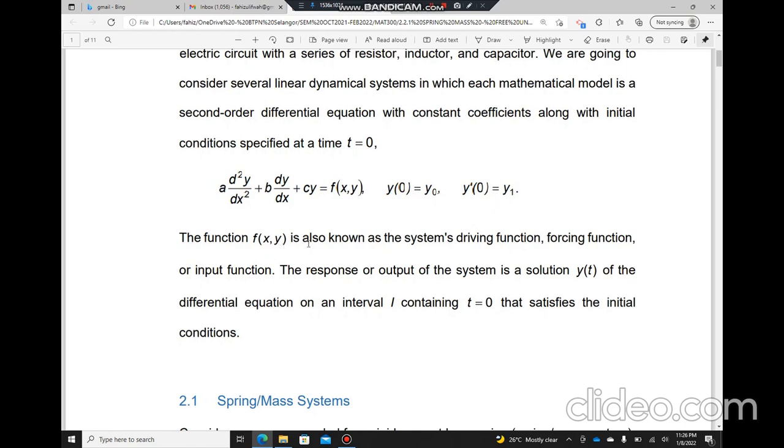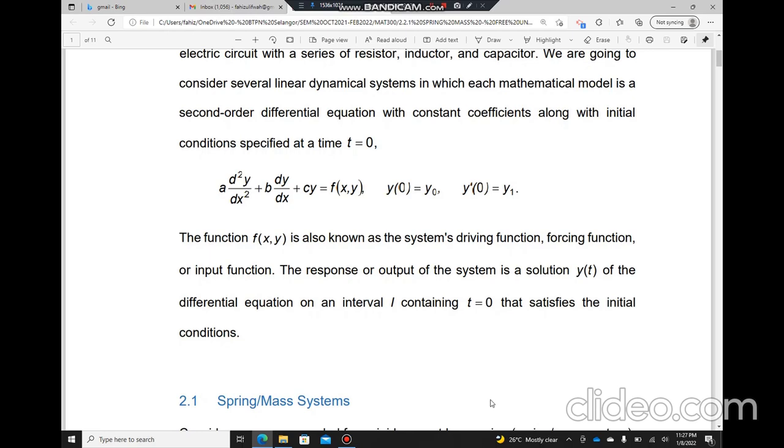The function f(x,y) is also known as the system's driving function, forcing function or input function. The response or output of the system is a solution y(t) of the differential equation on an interval I containing t equals 0 that satisfies the initial conditions.